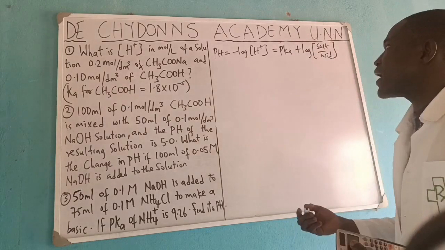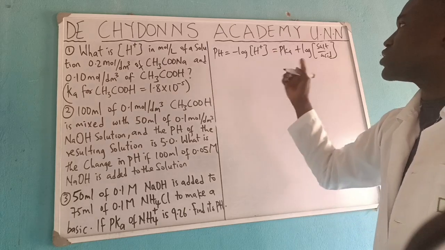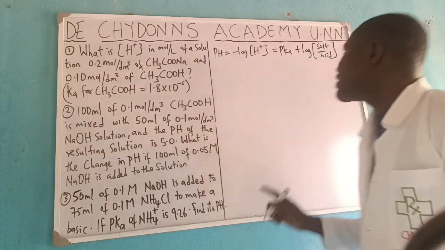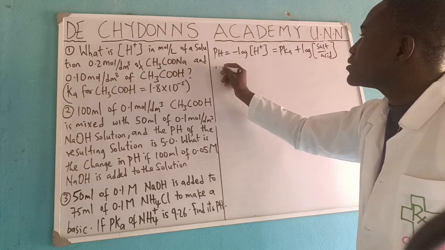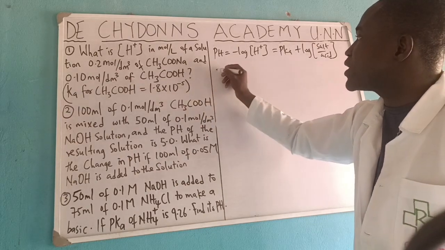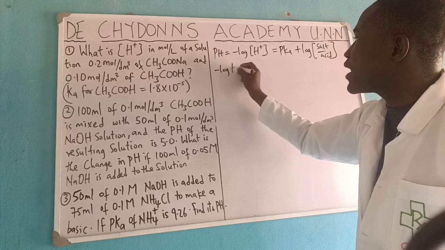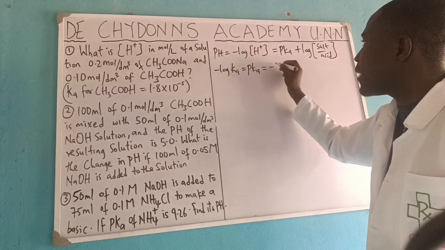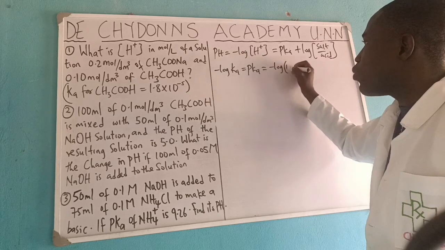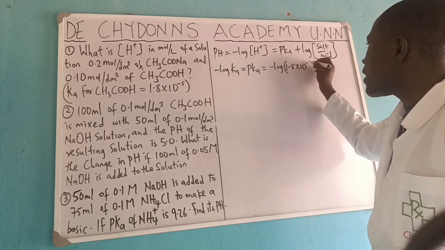What is our pKa? pKa wasn't given. They gave us our Ka. That means to get our pKa, since Ka is this, pKa is minus log of Ka, equal to minus log of 1.8 times 10 raised to the power minus 5.